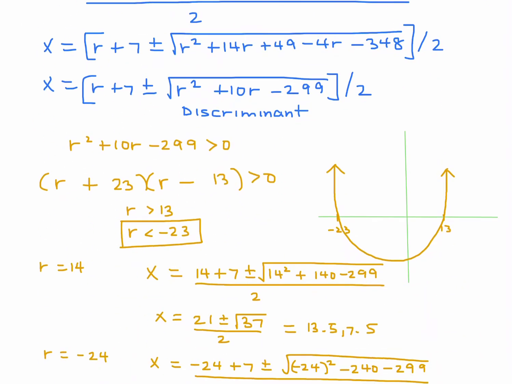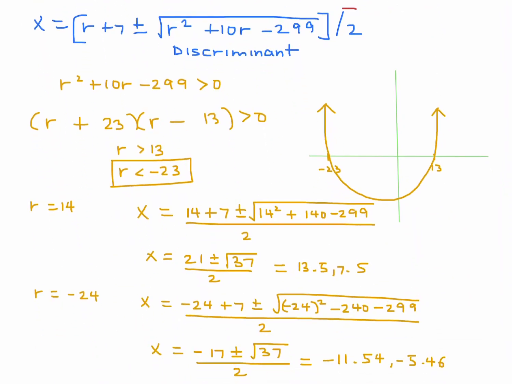Well, we can just use the same. We are told that these have to be negative. So all I have to do is set that less than 0. And once I do, I can get an understanding of what r is in terms of what it is greater than. So let's do that.